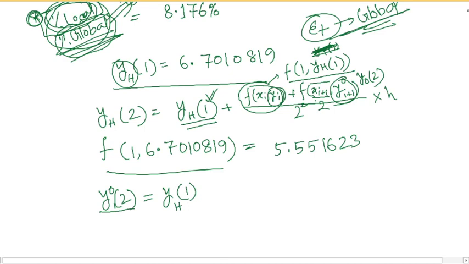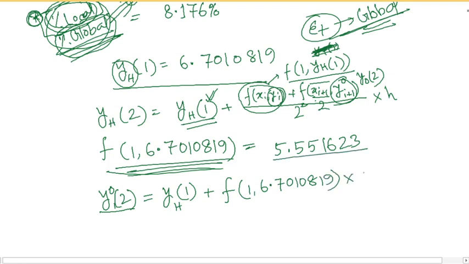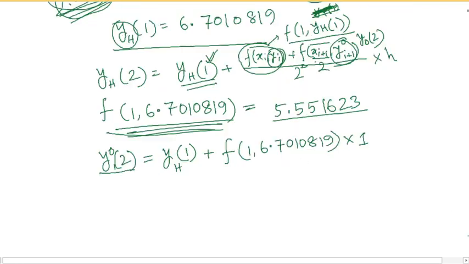So now I will be writing this one plus this function value, function of 1 comma 6.7010819, which you have already obtained, multiplied by 1. So this is also using Heun's value.